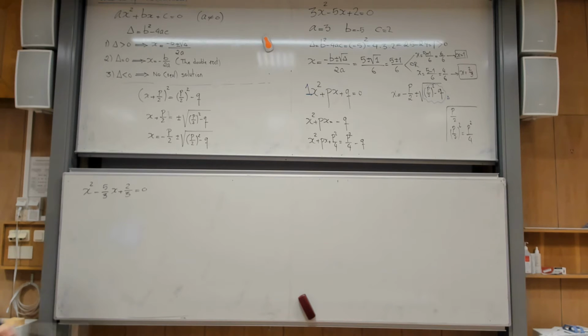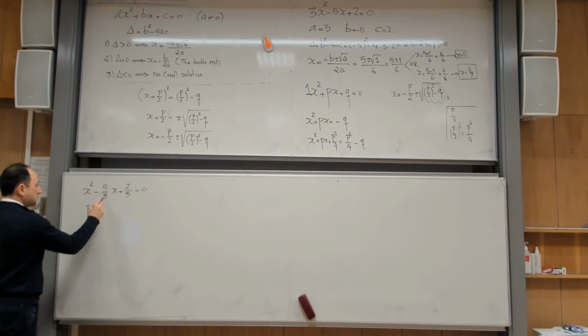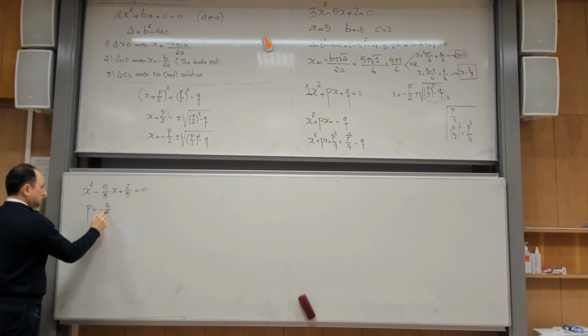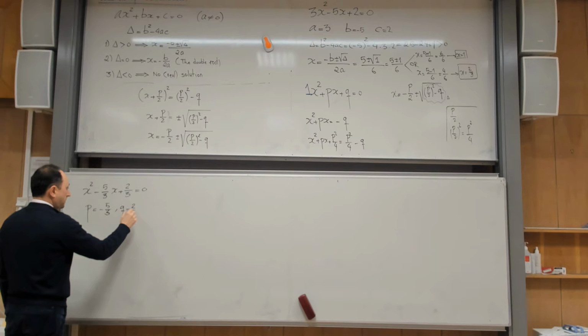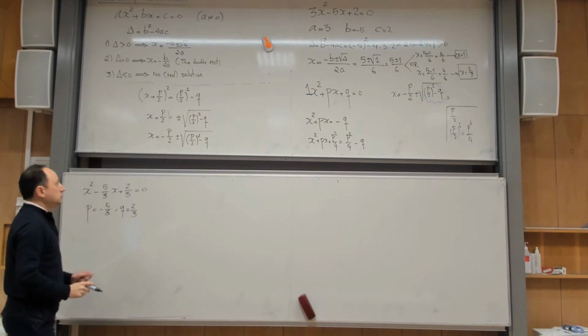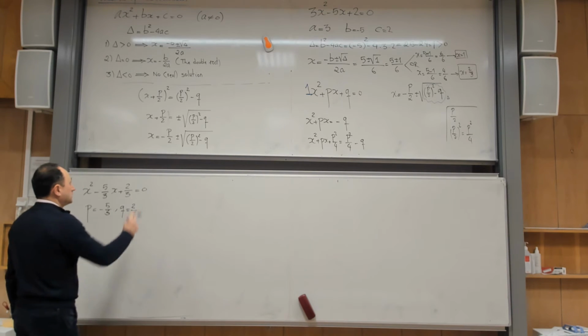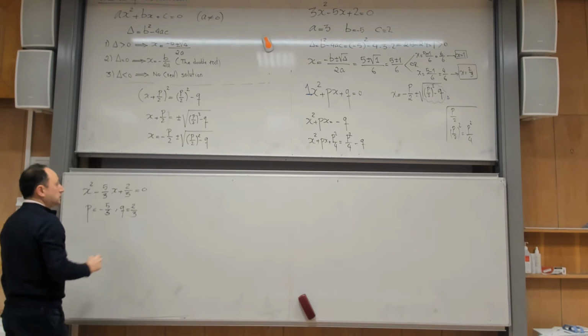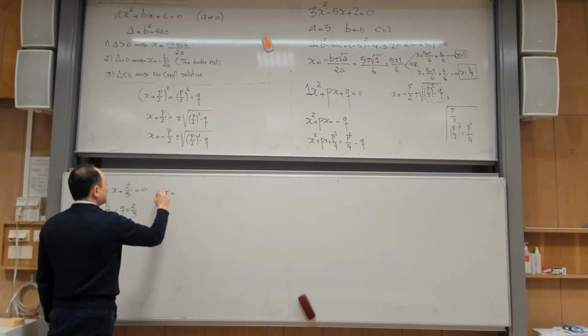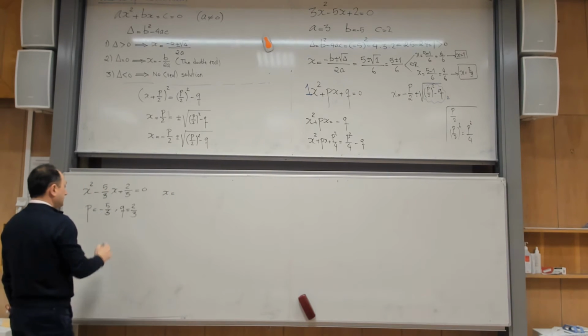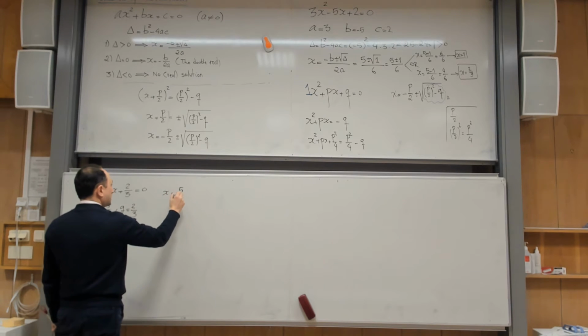And then if I ask you what is p, p is the middle number here, middle coefficient, and then q is positive 2/3. And then of course, you have this formula in front of you, which will be given to you in the formula sheet, and then you can find x. So it is minus p, which is positive 5 over 3.